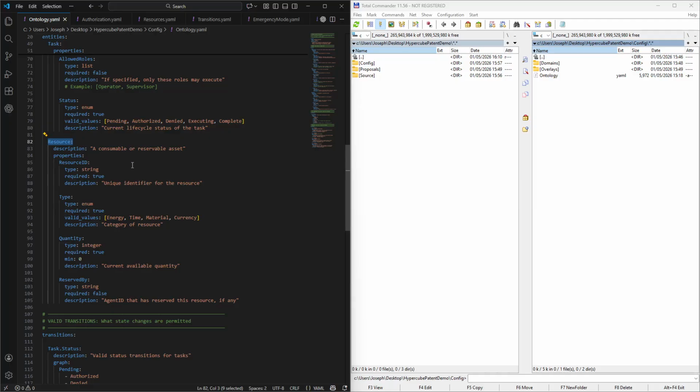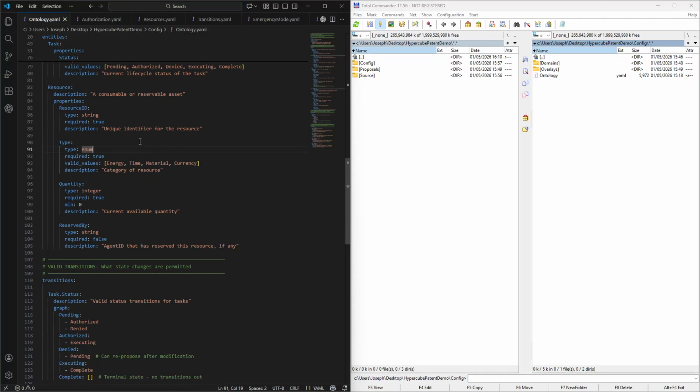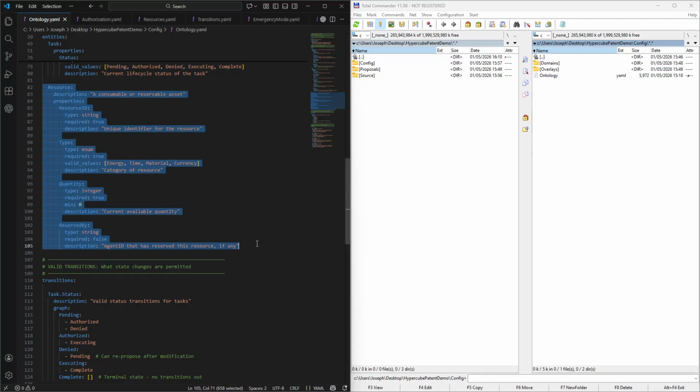Below that, we declare valid states. An agent's role can be operator, supervisor, or administrator. Clearance runs 1 through 5. Task status flows from pending through authorized or denied to executing to complete.